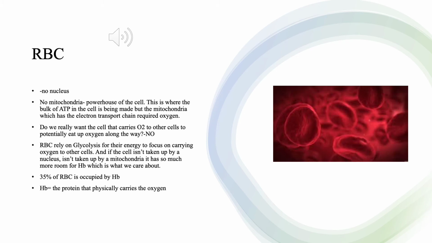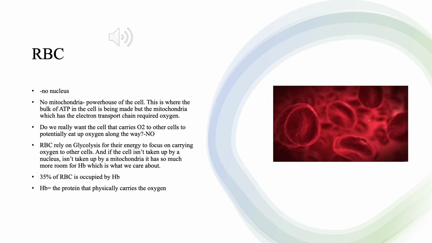As far as red blood cells, we know there's no nucleus and no mitochondria, which is the powerhouse of the cell and where the bulk of ATP in the cell is made. But the mitochondria, which has the electron transport chain, requires oxygen. So we may ask ourselves, do we really want the cell that carries oxygen to other cells to potentially eat up oxygen along the way?